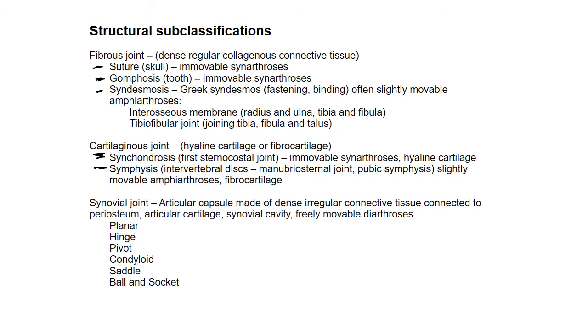Synovial joints are subclassified based on the shape of the bones at the joint. With a planar synovial joint, you have two flat bones, two flat surfaces sliding back and forth across each other.